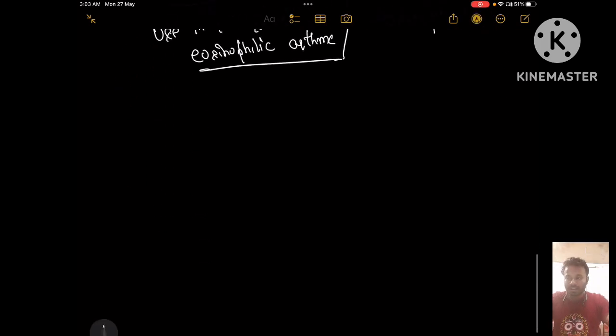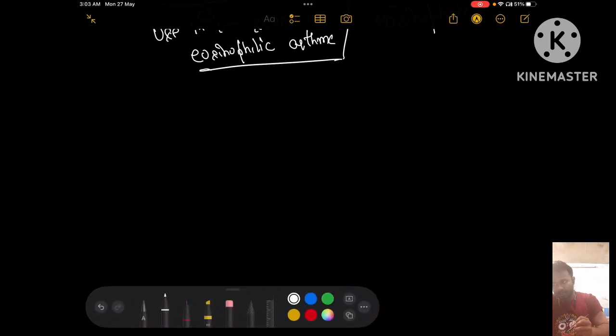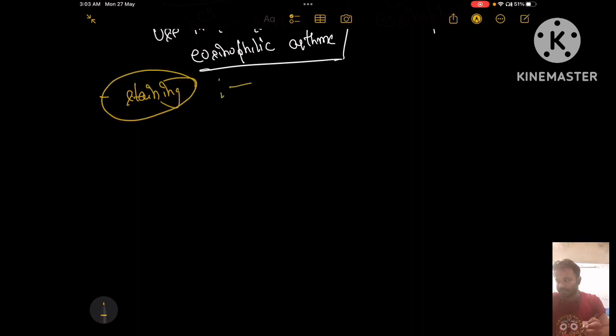Next, there are a few points regarding stains or staining. First, mucicarmine stain.